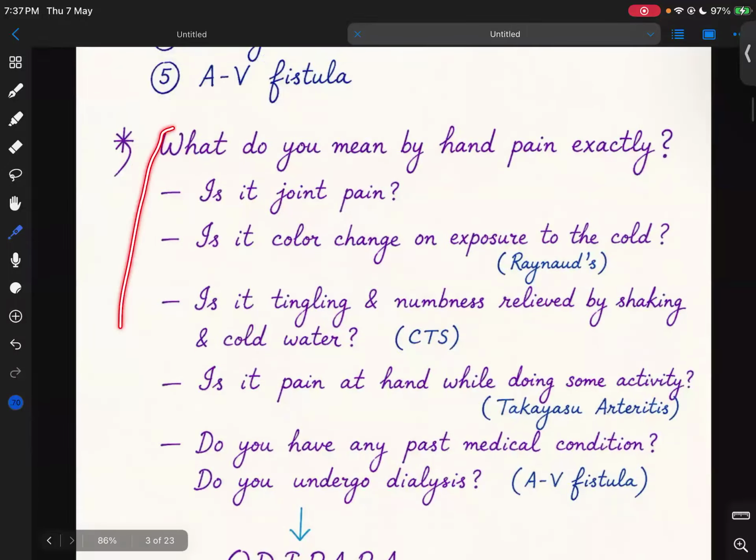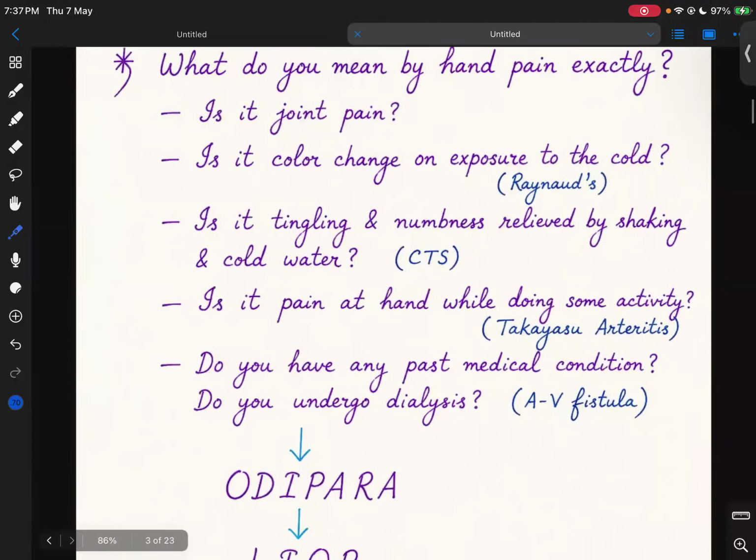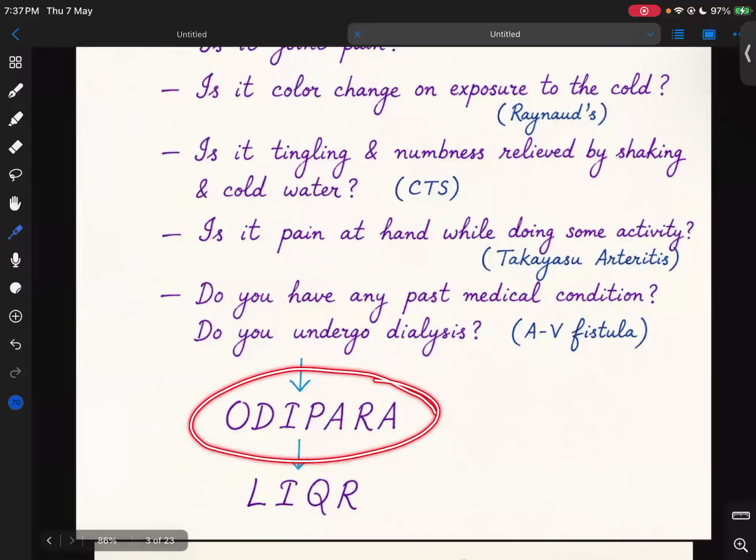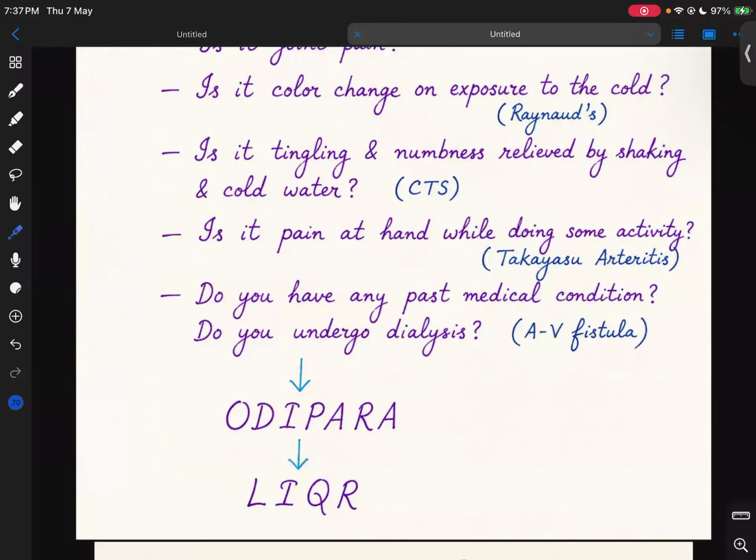Then, after asking these 5 questions, we have to analyze the pain symptom using the mnemonic ODPARA. All of you who have attended the first session are already acquainted with the mnemonic ODPARA. Here, ODPARA means onset, duration, initial episode, progression, aggravating factor, relieving factor, and associated features.